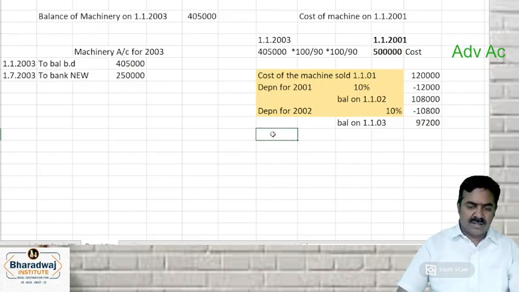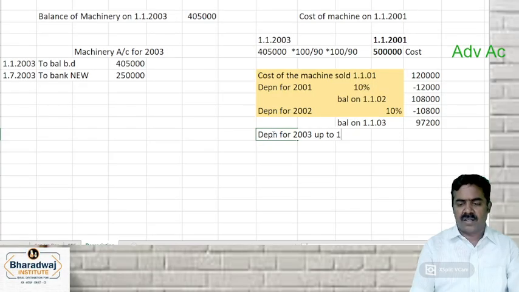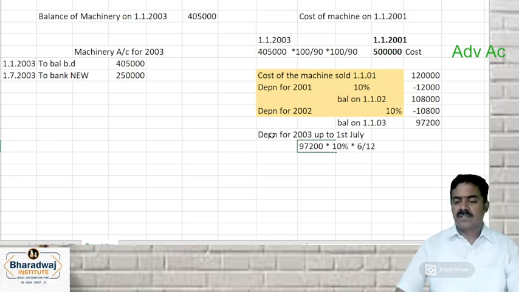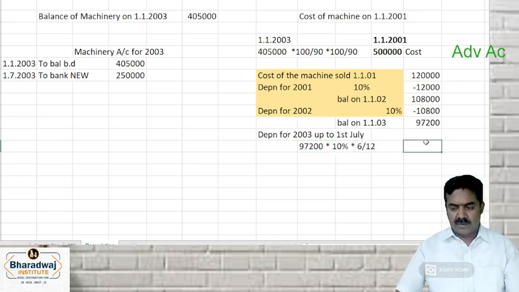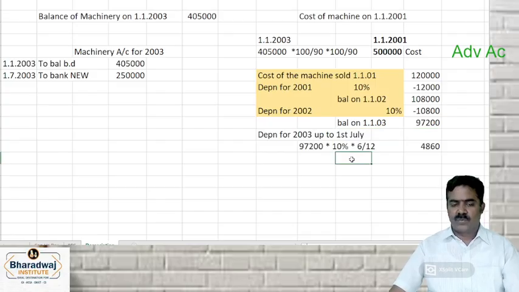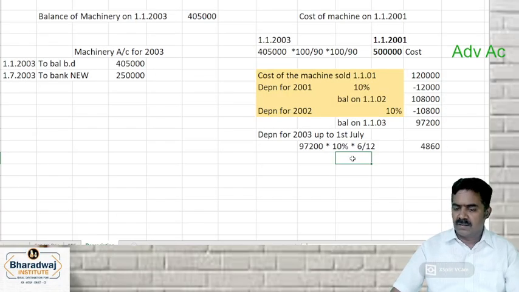So depreciation for 2003 up to what date? 1st July we need to provide. 97,200 is the value of the asset into எவ்வளவு percent? 10% for how many months? 6 months. 4,860. Wait பண்ணுங்க. 4,860 is the value of the depreciation.